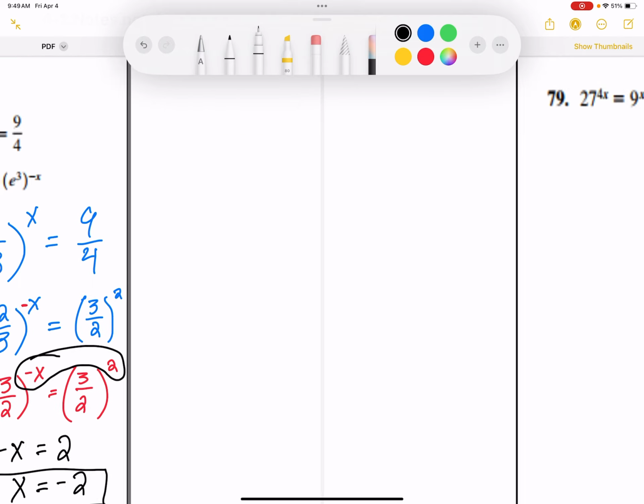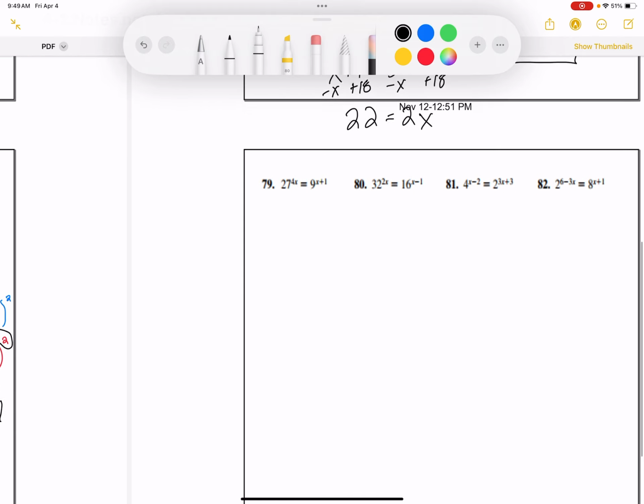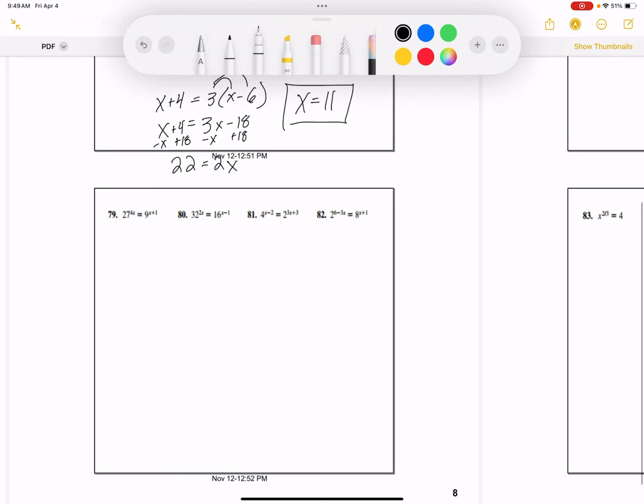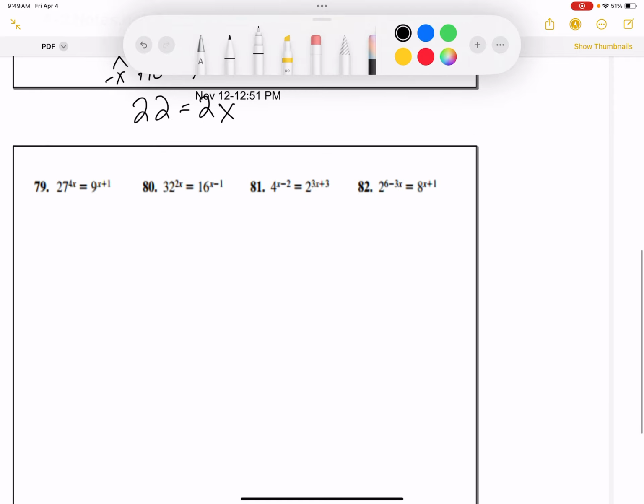All right, I saw that and said, let's do one of these 2. I'm going to do this one, 79. So 27 to the 4x is equal to 9 to the x plus 1. All right. 27 and 9. Can I express 27 as 9 to some power?